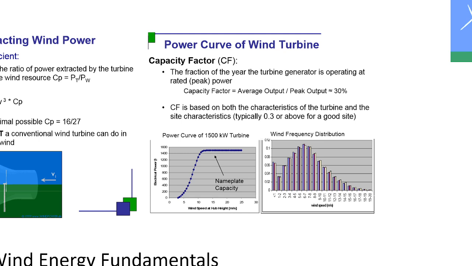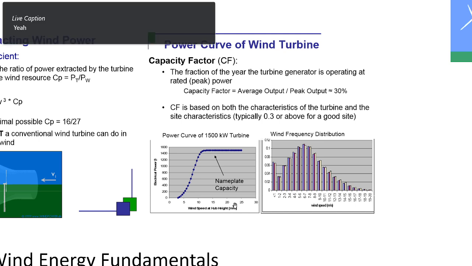When the wind is only 3 to 4 meter per second, as per the designed power curve of the wind turbine, it will only generate up to this point. This is power generated, and this is wind speed at hub height.